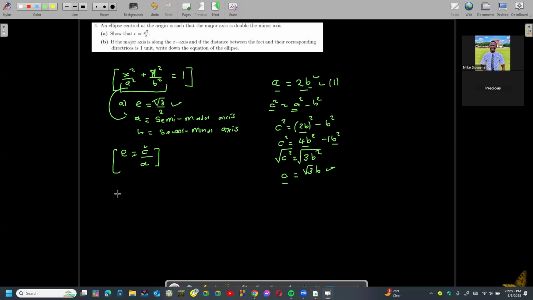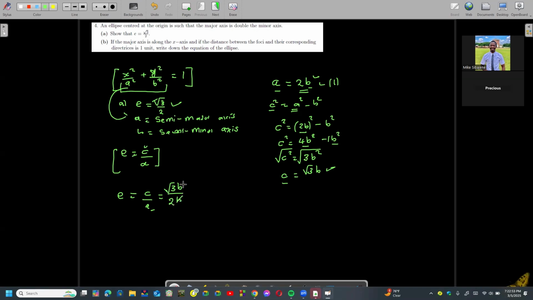Let's just plug our values in the formula for eccentricity, where eccentricity is equal to C over A. So our value of C is the root of 3B, divided by our value of A, which has been given to be 2B from the statement above. Okay, so now where there's A, just put 2B.